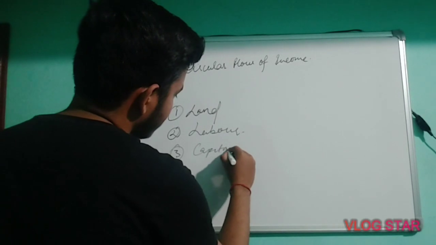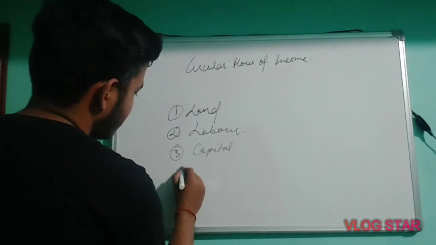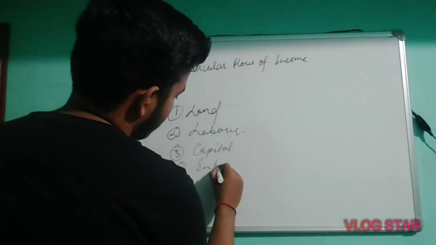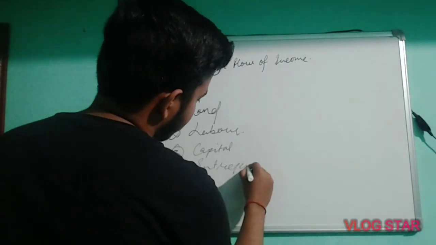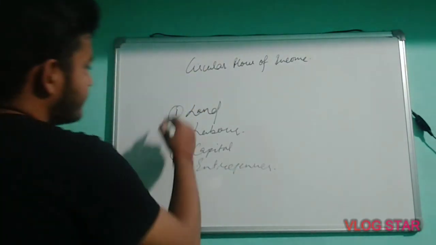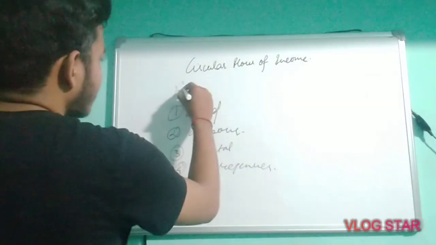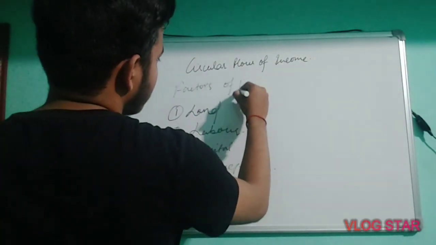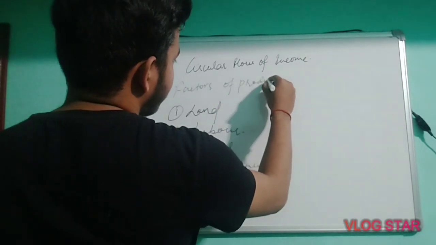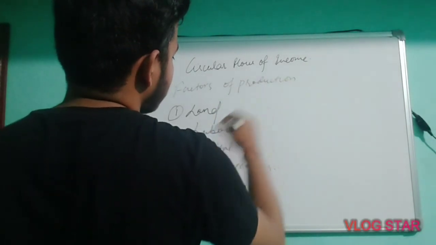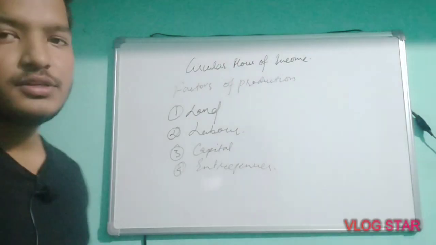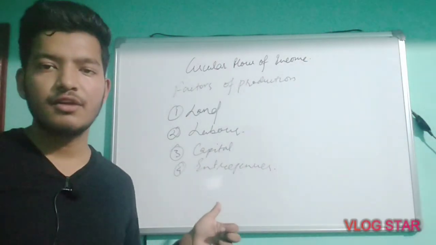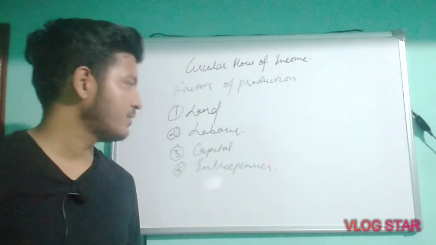We require money. Fourth, entrepreneur. These are the four factors of production. These are the most important things required for the production of any good.